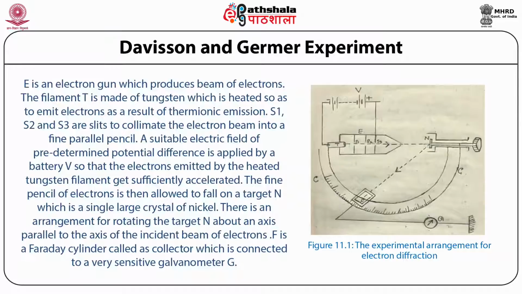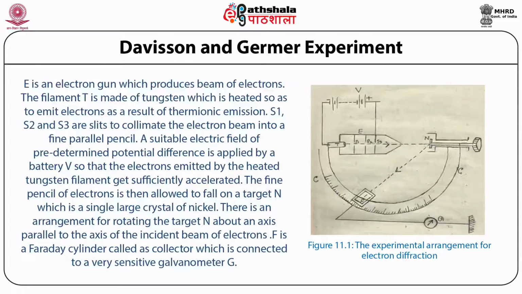A suitable electric field of predetermined potential difference is applied by a battery V so that the electrons emitted by the heated tungsten filament get sufficiently accelerated. The final pencil of electrons is then allowed to fall on a target symbolized by N, which is a single large crystal of nickel. There is an arrangement for rotating target N about an axis parallel to the axis of the incident beam of electrons.